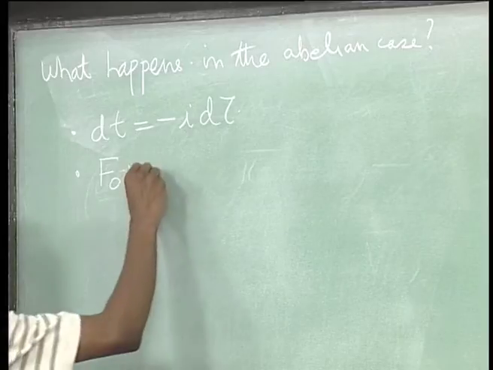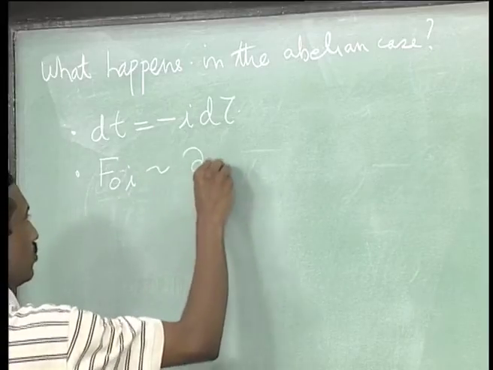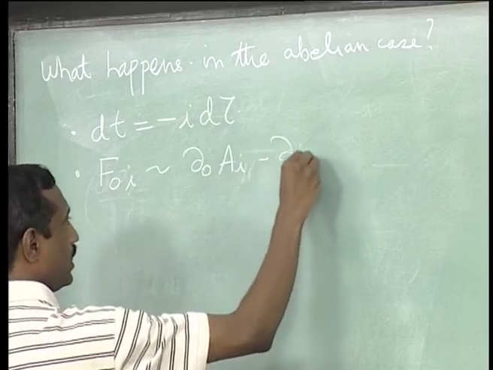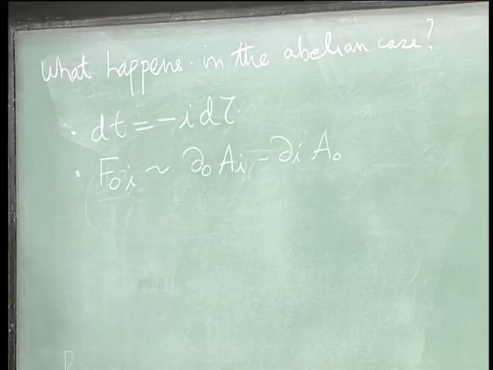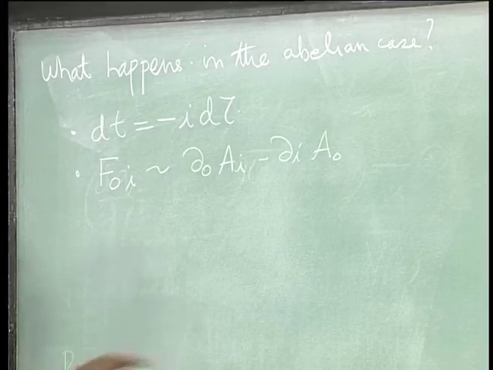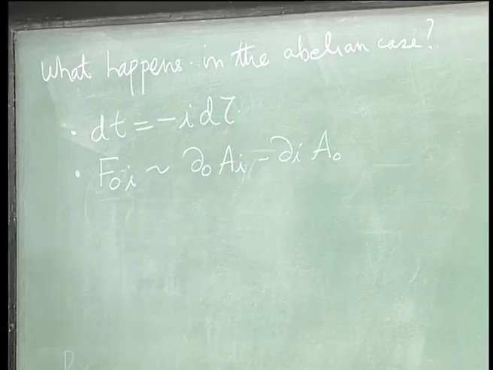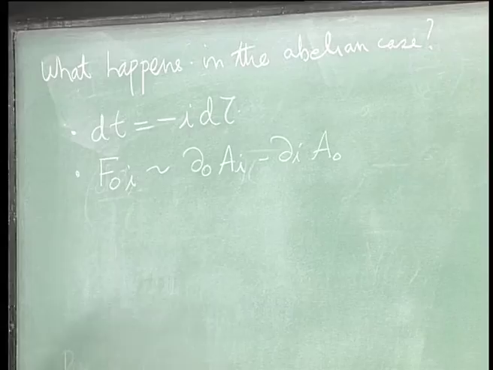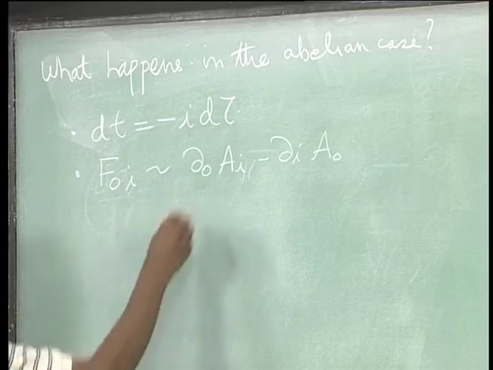So F 0 i is d 0 A i minus d i A 0. So what we need to do is to make these two go the same way. So A 0 also should be taken along. One way of understanding it is that A 0 comes with the wrong kinetic energy, so you need to flip that guy around.